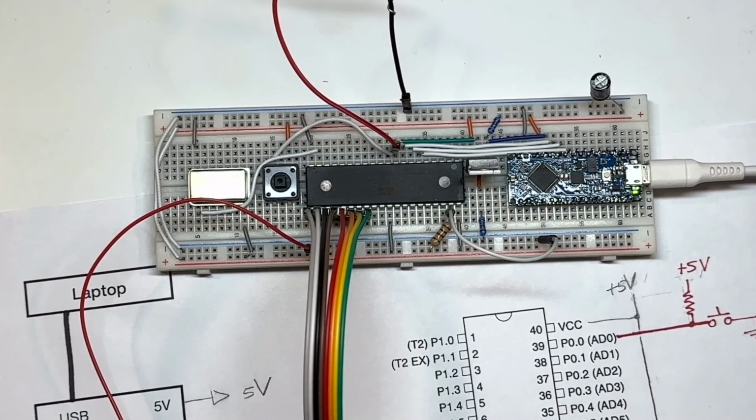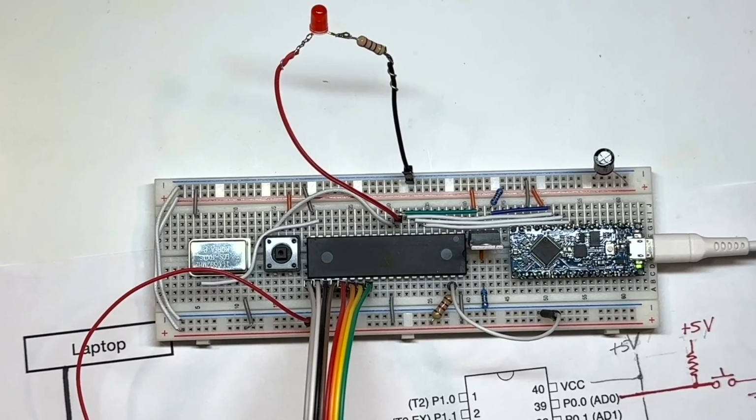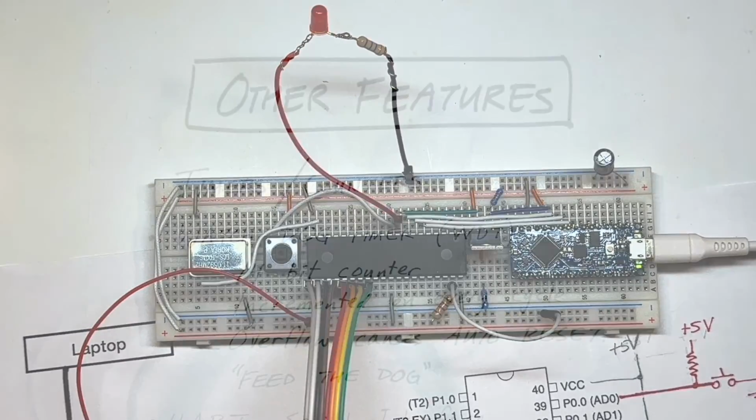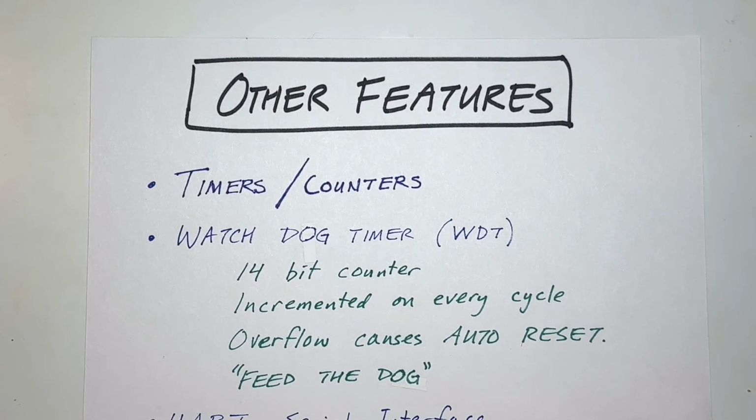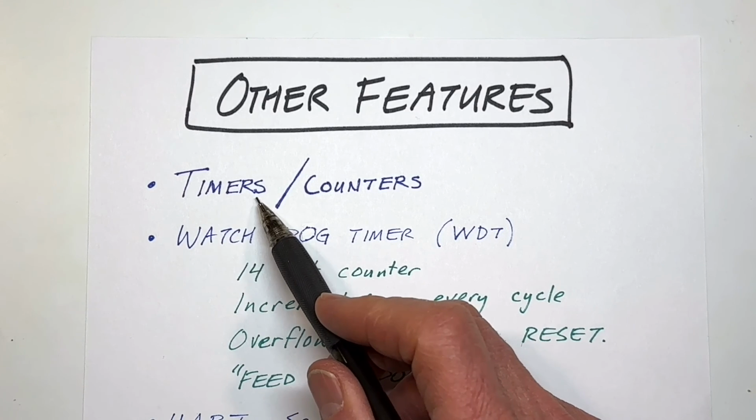I hope that demo explains and motivates you to learn about the 8051 microcontroller. There are several other features of the 8051 architecture that I wanted to mention, but that I won't be able to go into in any detail. For one thing, there are several timers.